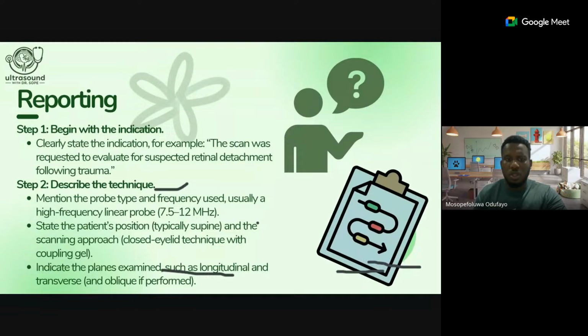This patient was scanned in the supine position with a closed eyelid, upon which copious gel was applied. A high frequency linear probe was used. Is that okay? And then all sonographically relevant ocular structures were obtained via the longitudinal, transverse and oblique planes, whatever. You know what I'm trying to say? Describe your key techniques. Is that okay?